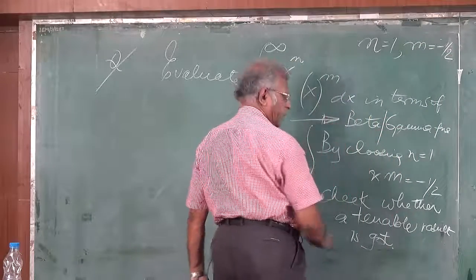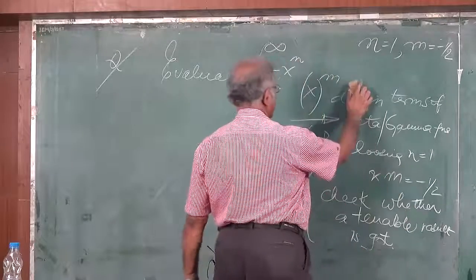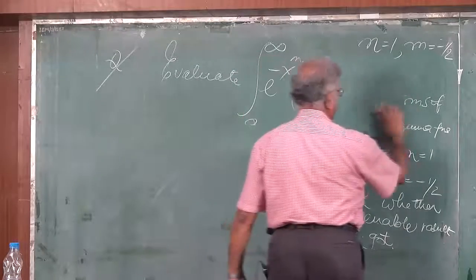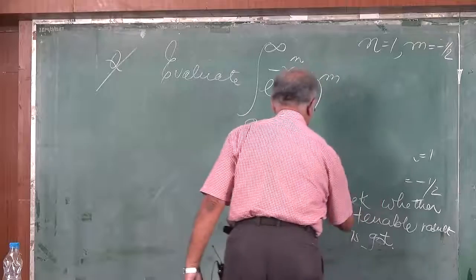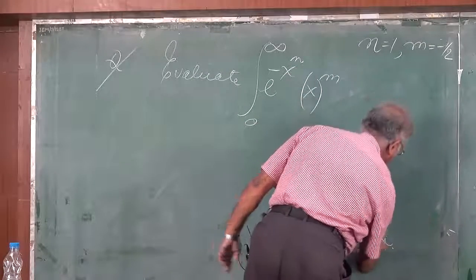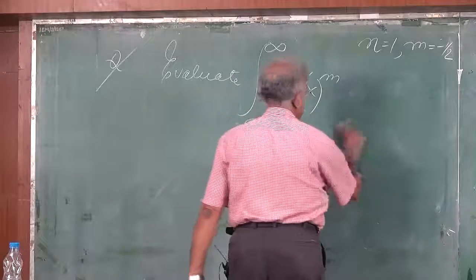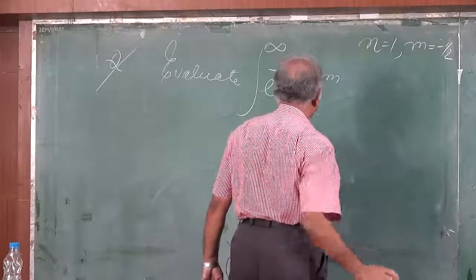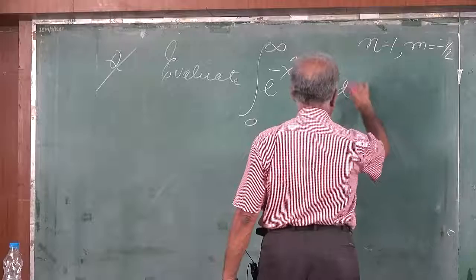So, we can rub out this part, and the basic integral is there on the board, e to the power of minus x to the power of n multiplied by x to the power of m. And of course, we have to put a dx here, that's understood.